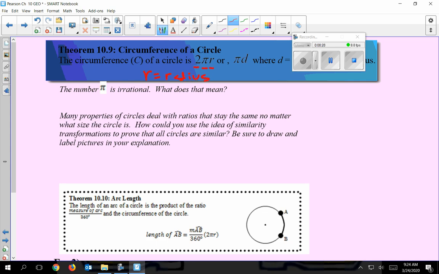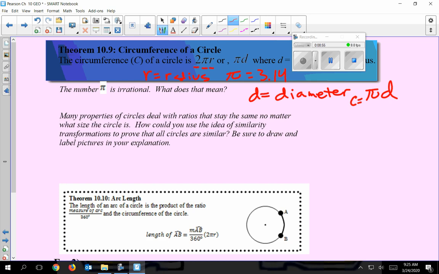And for our purposes, just so that we're doing things the same way, we're going to know that pi is going to be 3.14. We also have the letter D, which is diameter. When I was a kid doing this, we didn't really use 2 pi r. We used diameter times pi, or pi times diameter. That's how we got circumference.